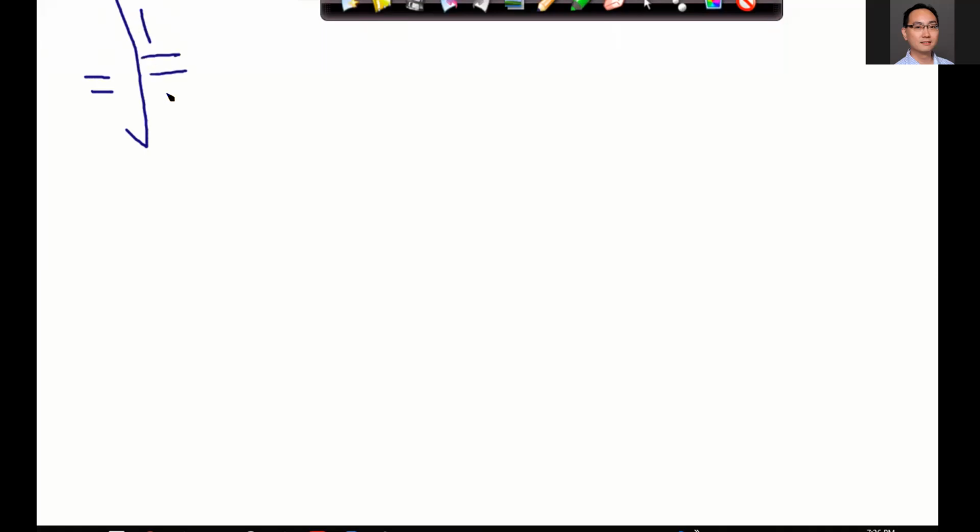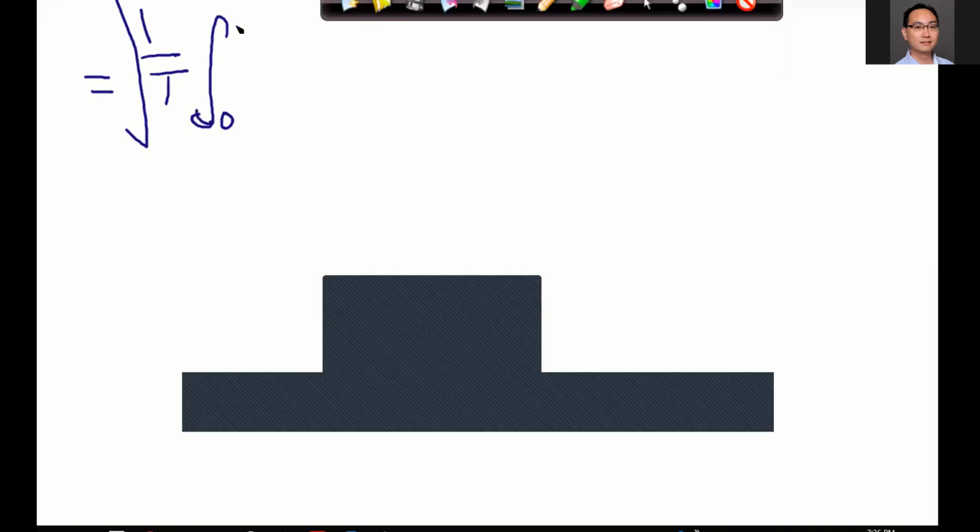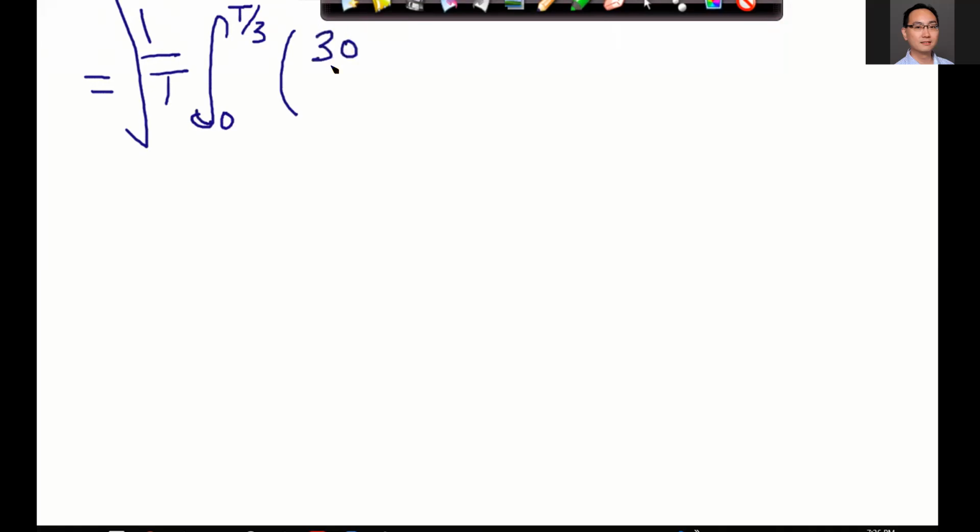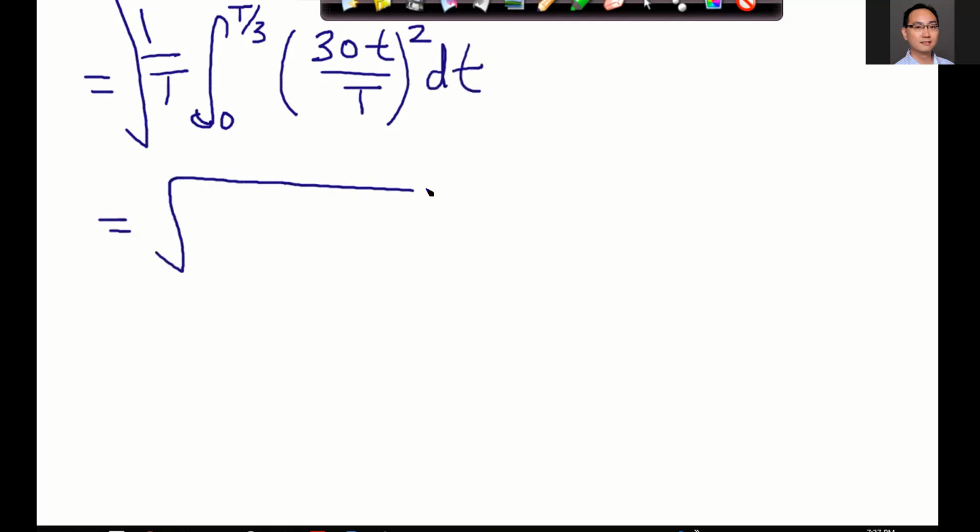Okay, 1 over T, integral, right? 0 to T over 3, and you integrate this center part, squared, dt.